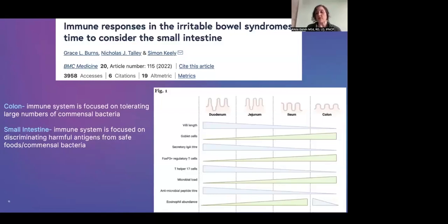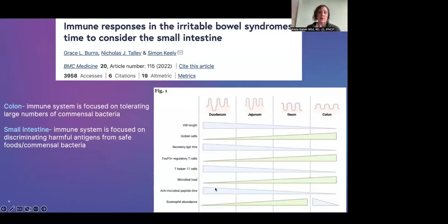You'll see that villi length is greatest in the duodenum, and it just tapers down as you get to the colon. Again, just going back to how you get that lowering of the shallower crypts in the small intestine, you start to get more of a shrinkage of that villi length in the colon. And the goblet cells are increasing, et cetera, et cetera. So you can see the differences here in some of the immune components.